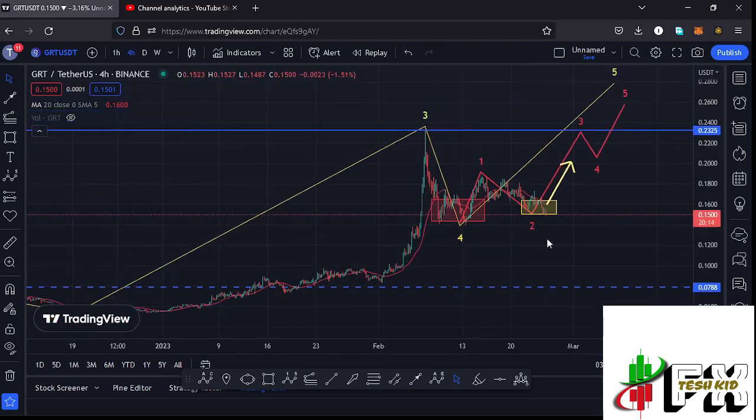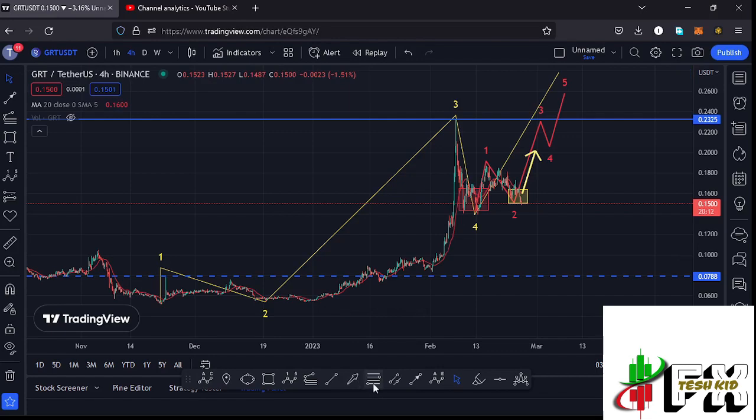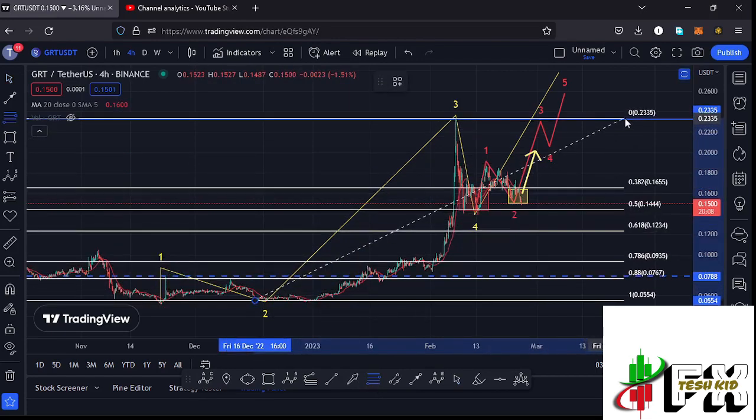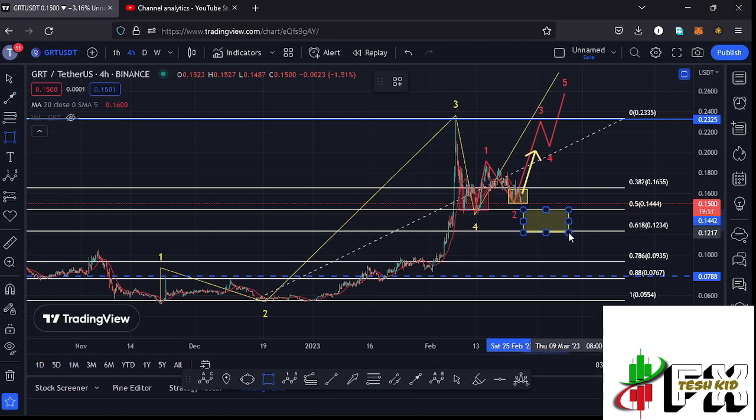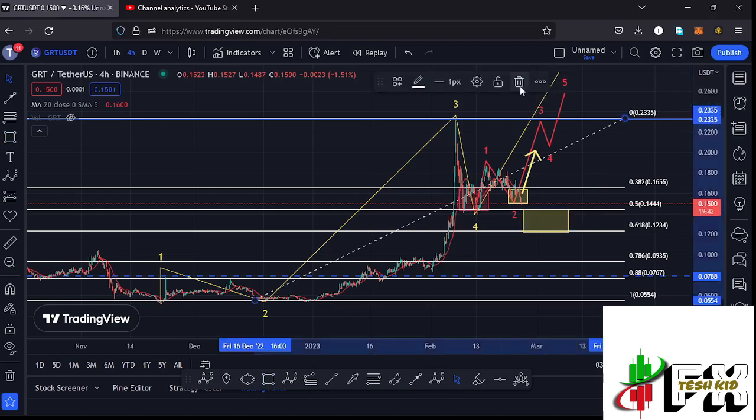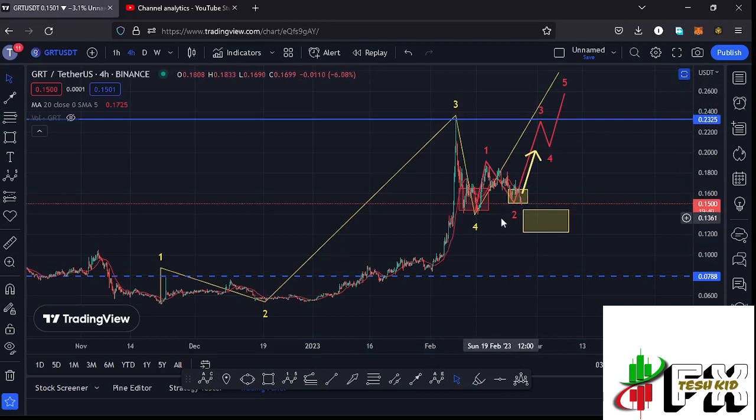Using the Fibonacci's once more, connecting them from the low of the second wave to the high of that wave 3, that gives me a new target area in the formation of that higher Elliott wave count 4, in case the breakdown continues, between the fib level 0.5 and the fib level 0.618, and I can mark that target area here on the charts like that, which lies between the $0.144 mark and the $0.1234 mark, and that is the minimum that we can expect that fourth wave to the lower side to do in case the breakdown continues.